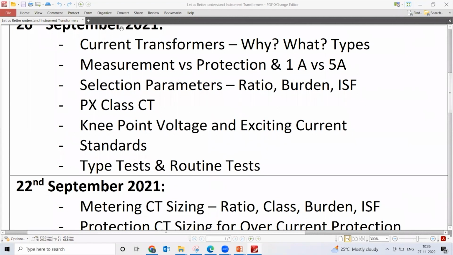But if you want to measure a current of 2000 amps, 4000 amps, 5000 amps, or 6300 amps, it's difficult, if not impossible. It's not commercially viable, if not technically viable, to measure such higher currents directly.